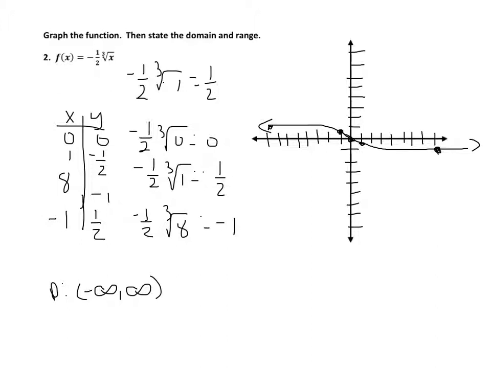If you plugged in -1,000,000, you'd get a positive. And so the range is also negative infinity to positive infinity. Here's the nice thing: for cubics, the domain and range are always that. Doesn't matter what it is, it's always that. Okay?